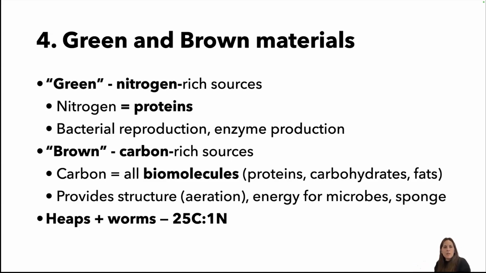And then the last tidbit about the green and the brown material is that as it pertains to aerobic composting, so once again, that's our heaps and our worms, there's a magic ratio, and that's 25 parts brown material or carbon to 1 part nitrogen. And this is something that seems like a lot, and it is.